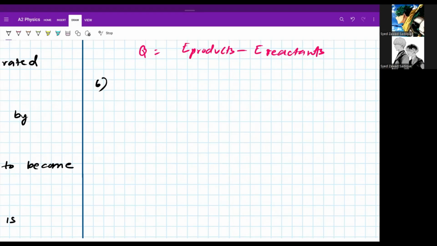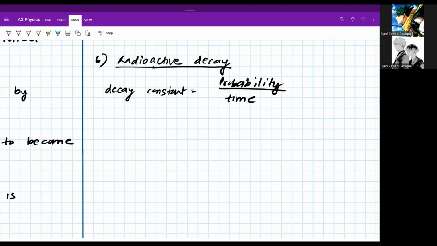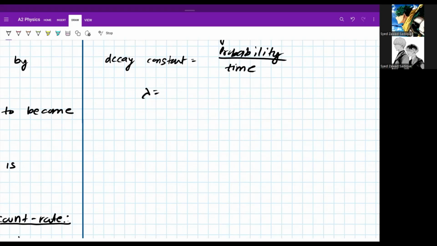So decay constant is equal to probability divided by time. Decay constant is denoted with lambda, delta n by n divided by delta t.